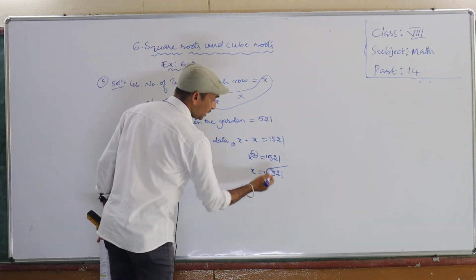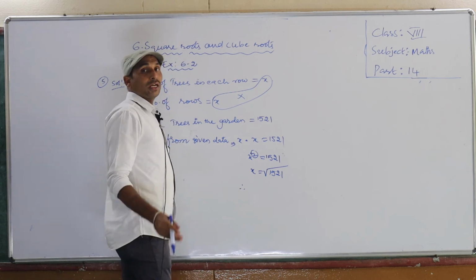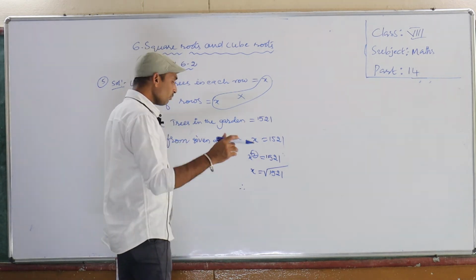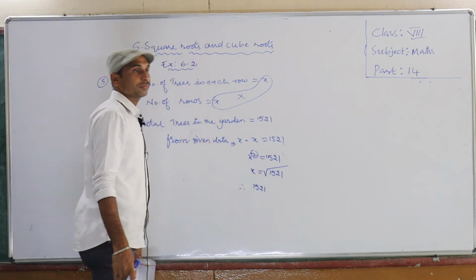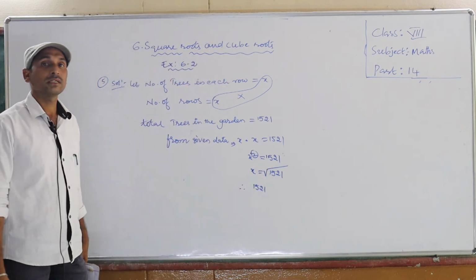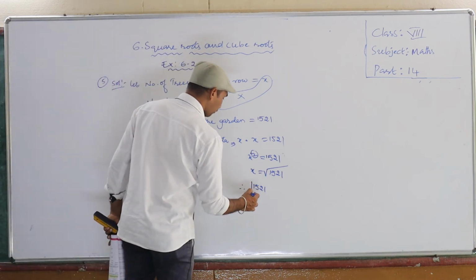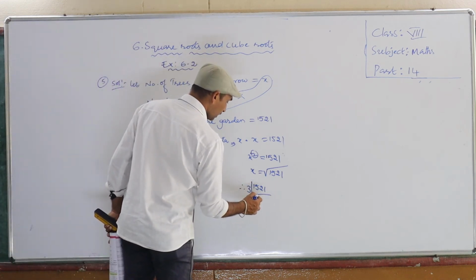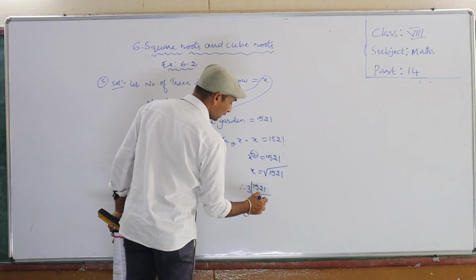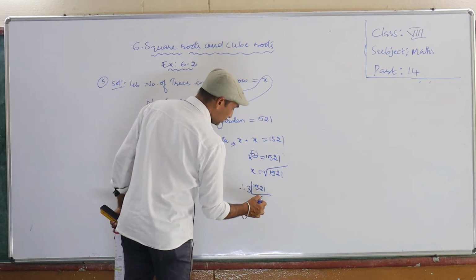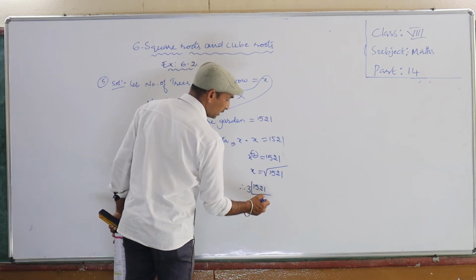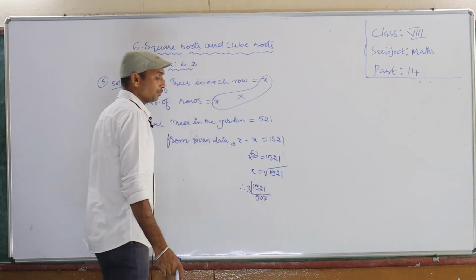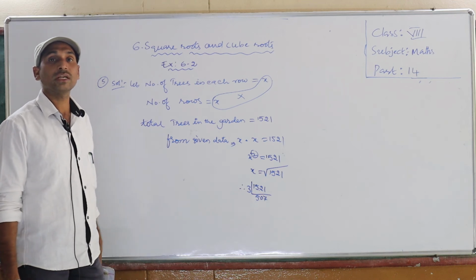To find this square root, first I am writing the prime factors of 1521. I take 3 first: 3 5s are 15, take 0, 3 50s are 150, remaining 21, 3 7s are 21. Okay children?